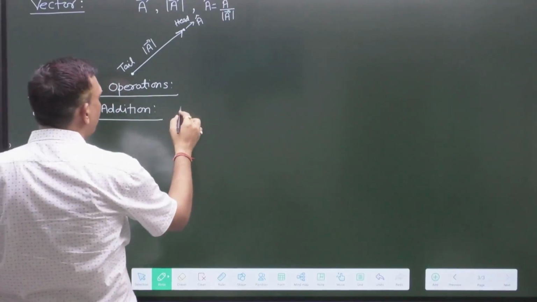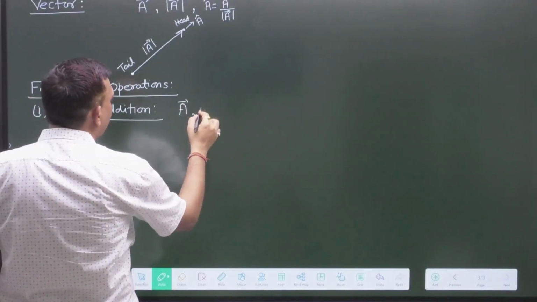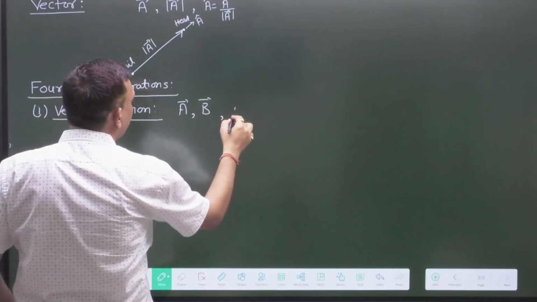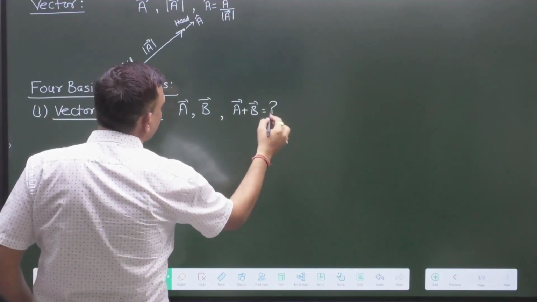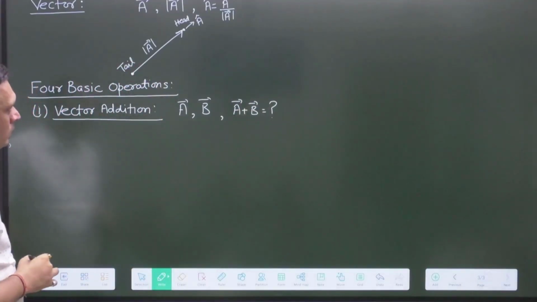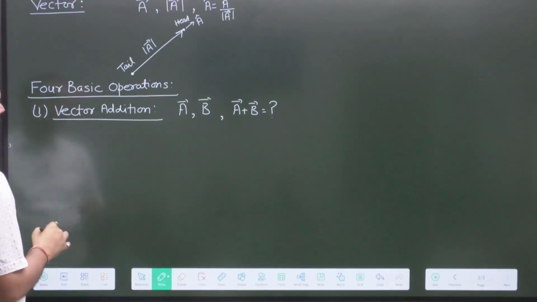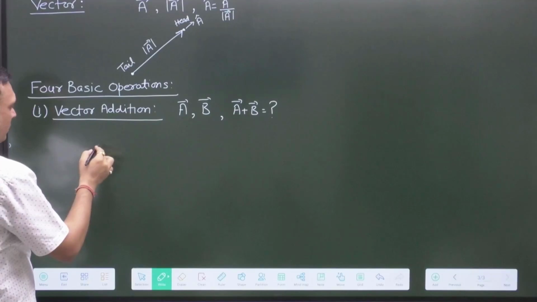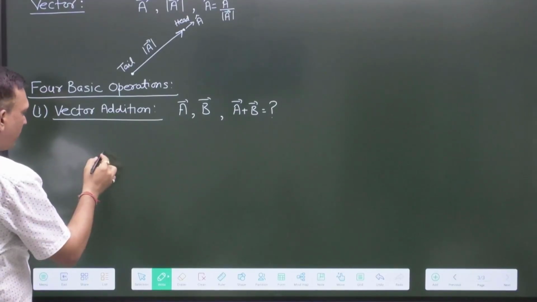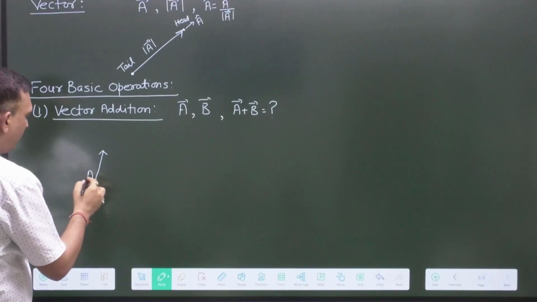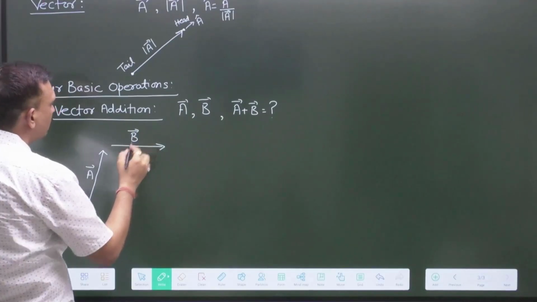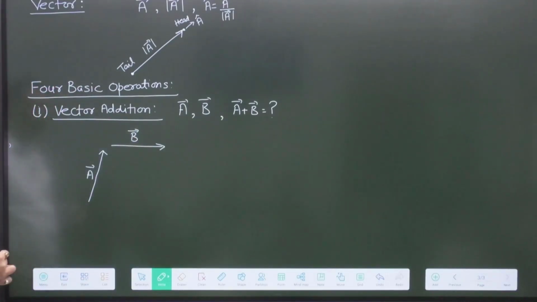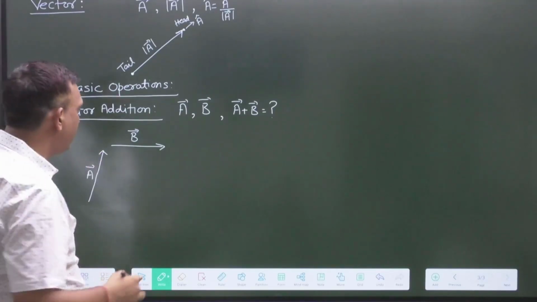If let's say you have 2 vectors A and B, then how to show A plus B? Let's say this is some vector A and this is some vector B, and we want to add these vectors. So you have to use the vector law of addition.